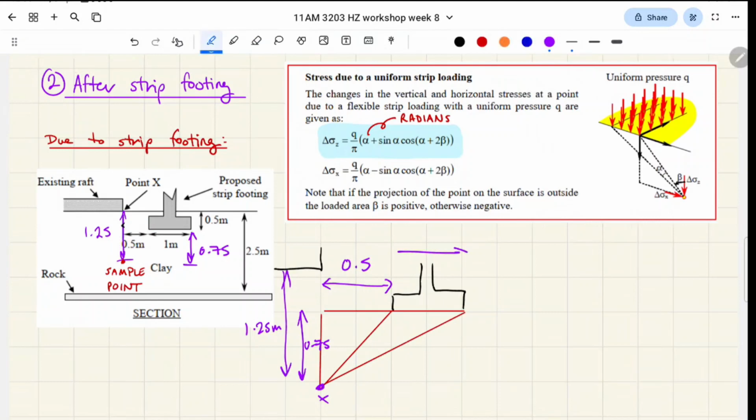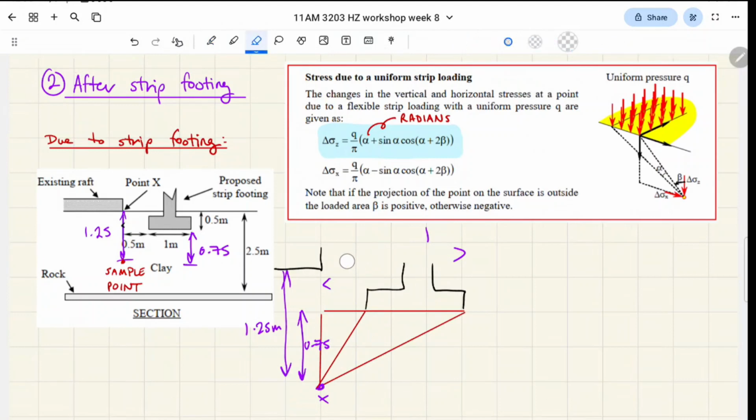And the width of the strip footing itself is 1 meter. I should probably draw that a little bit more accurately. Everyone got it? Yeah?